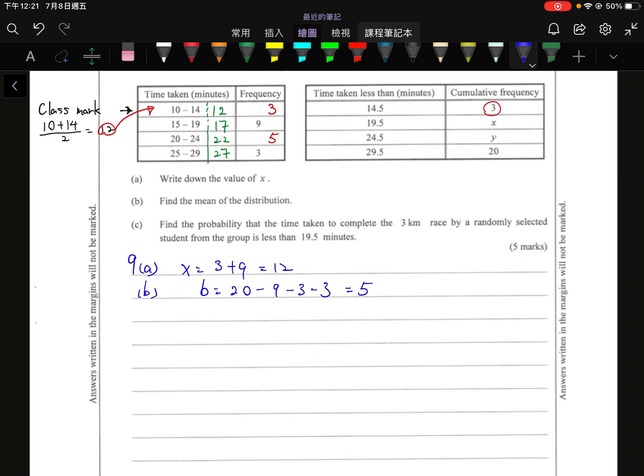After I know all their class marks, I can just do the mean. The mean will be equal to class mark 12 times the frequency 3, plus the second class mark 17 times 9, and so on.